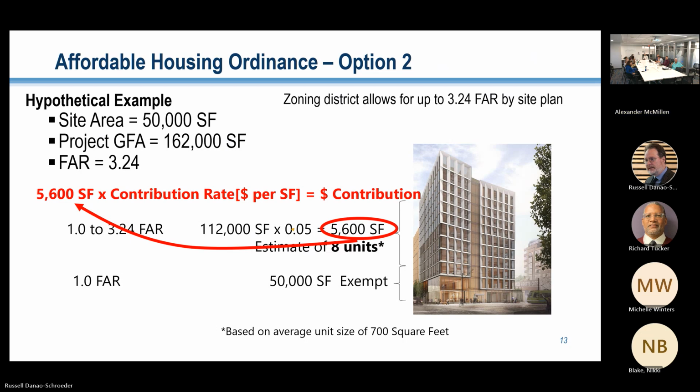And I want to recognize Joe's comments that part of this exercise is to see how we can increase that dollar rate so it's more in line with the actual value of what those providing the affordable housing would be. I don't know if that helps.